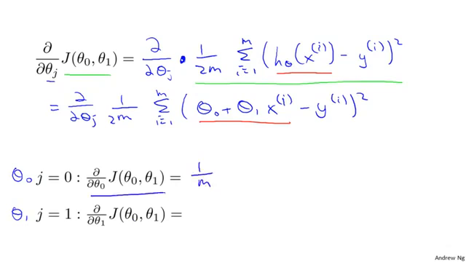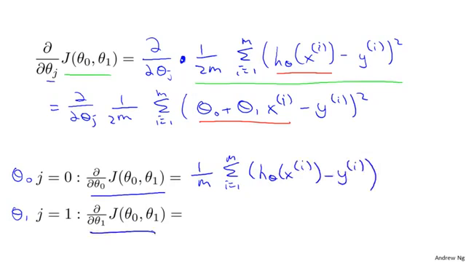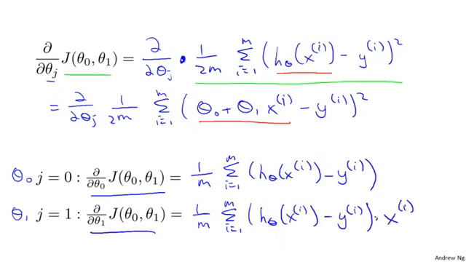It turns out this first term simplifies to 1 over m times the sum over my training set of h(x^i) minus y^i. And for the partial derivative with respect to theta 1, it turns out I get this term, h(x^i) minus y^i, times x^i.